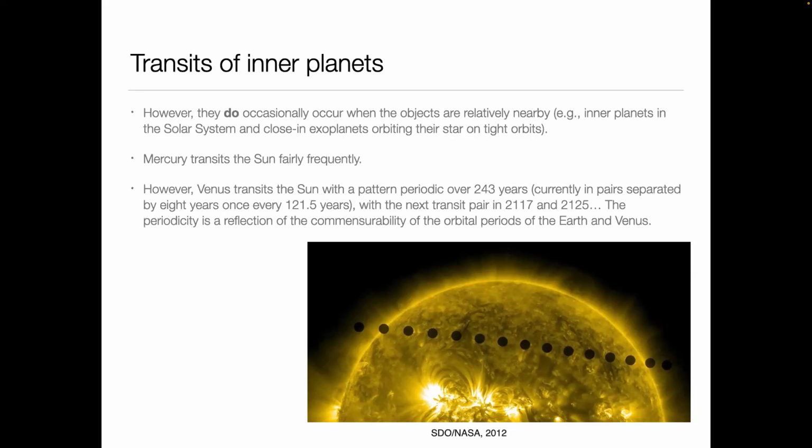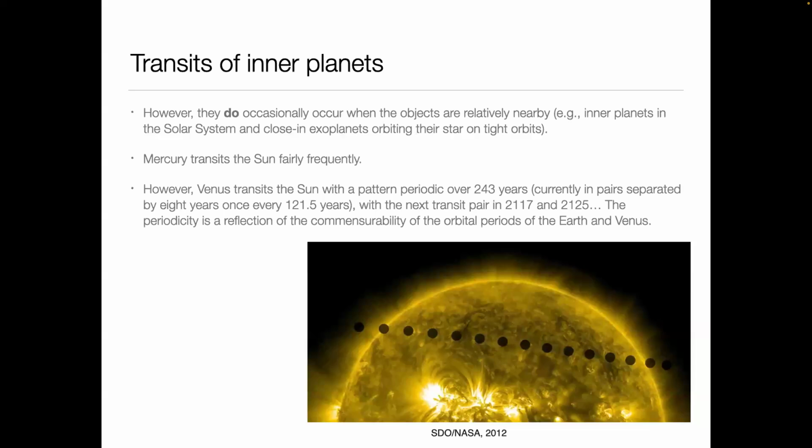But he made a slight mistake. In the Rudolphine tables that he published, there were little inaccuracies, and basically these 2 astronomers redid the calculations and observed it in 1639.